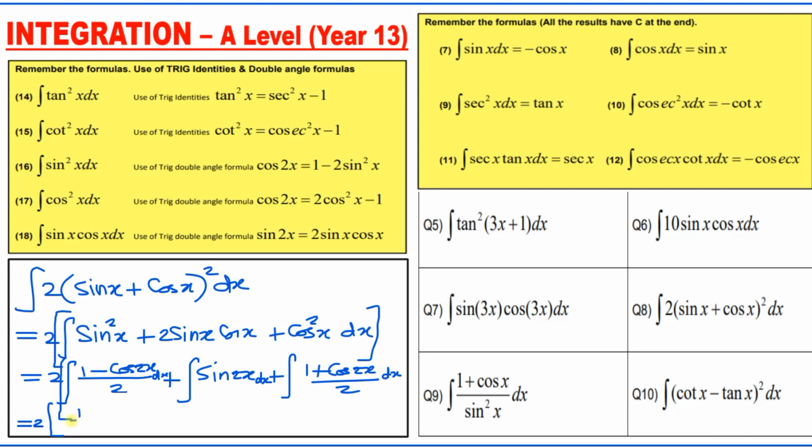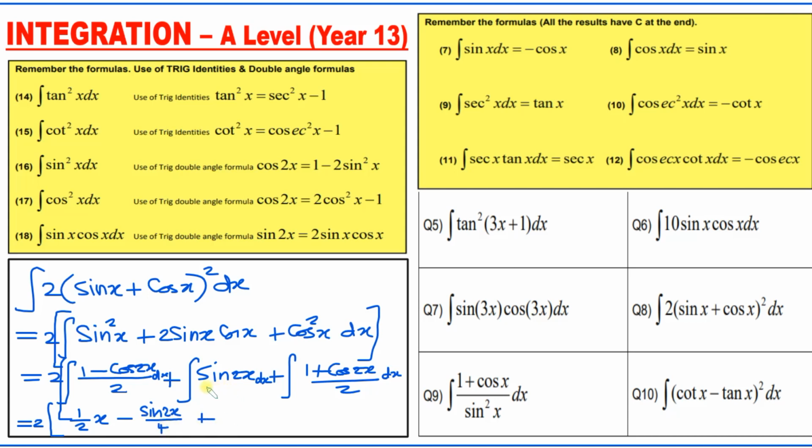So 1 over 2x minus cos 2x, integration is sine 2x over 2. There's a 2 already there, so sine 2x over 4.